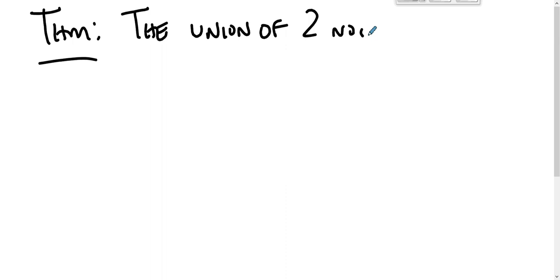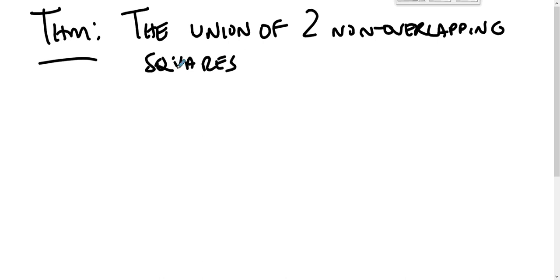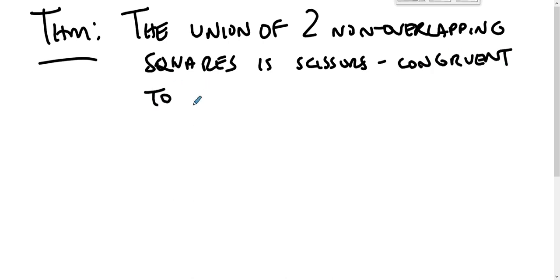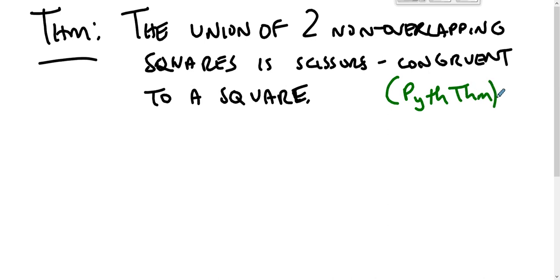I should also note, still in Euclidean geometry, that the union of two non-overlapping squares is scissors congruent to a square. And I'm going to let you think about why the Pythagorean theorem is that result.